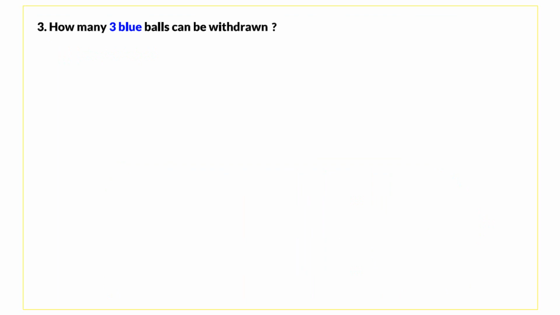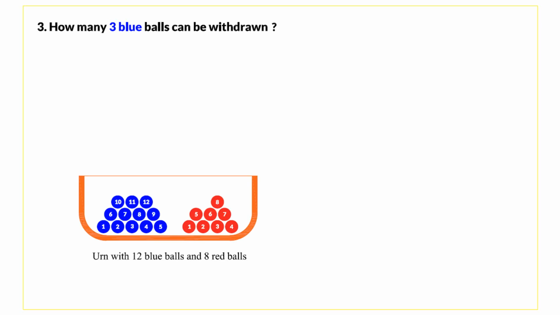Question number 3. How many ways can 3 blue balls be withdrawn? So we are picking out of the blue set the first blue, the second and the third, and now we sampled 3 objects.